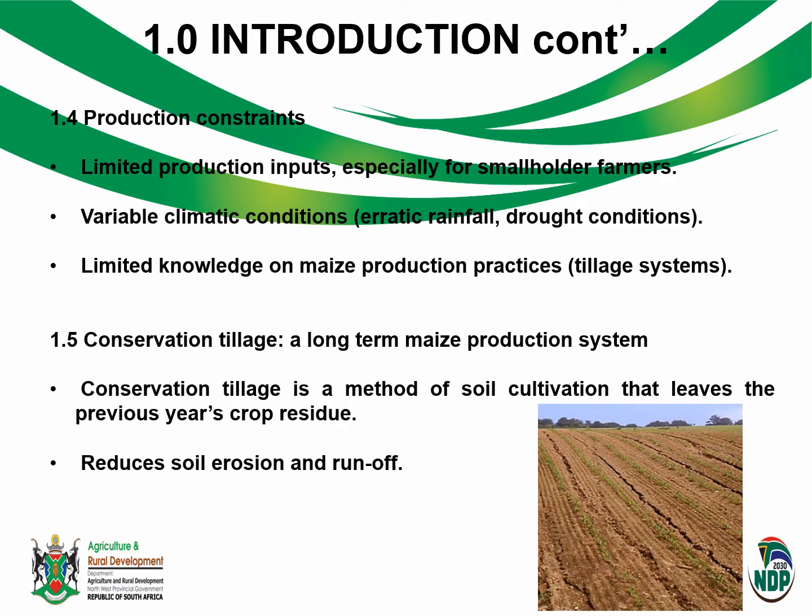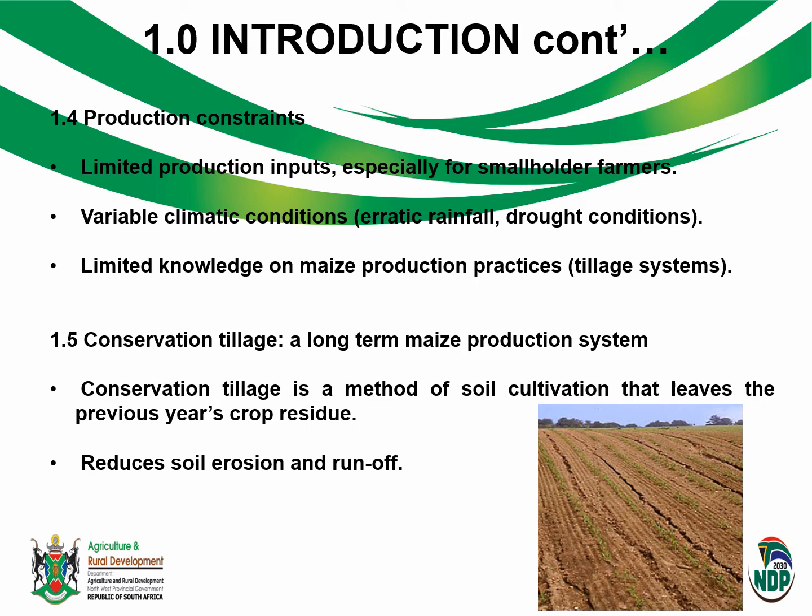Production constraints. The smallholder farmers have limited production inputs. That makes it difficult for them to produce optimally. Global warming also has made the climate conditions become very variable.